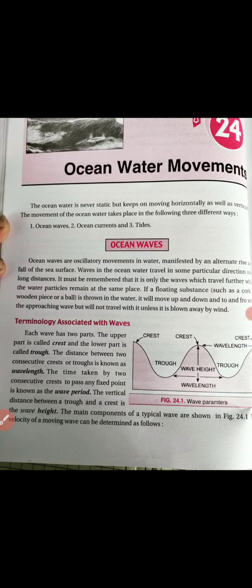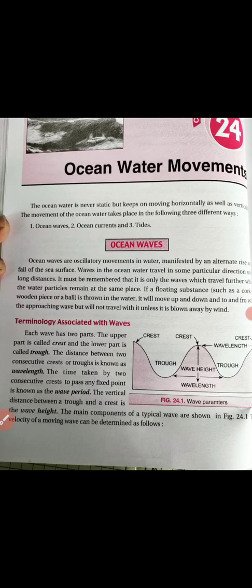It will not move with the moving water unless it is blown away by the force of wind. It's only the wave that is moving. The object will move back and forth with the wave, but its mean position will remain the same until it is forced by the wind.